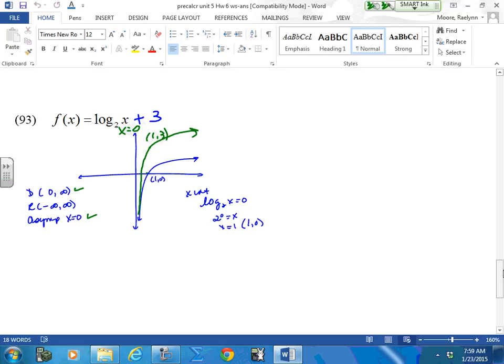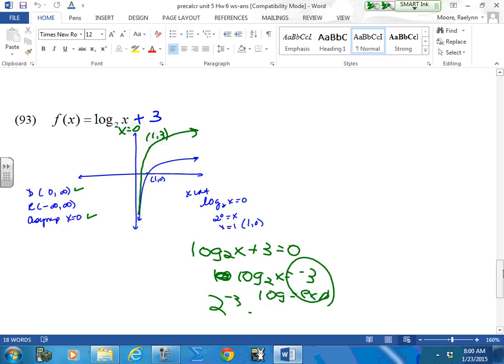And you're not really going to be able to count it over here. You're going to have to work this out. Move the 3 over first. And then log equals exponents. Base 2 to the -3 equals x.